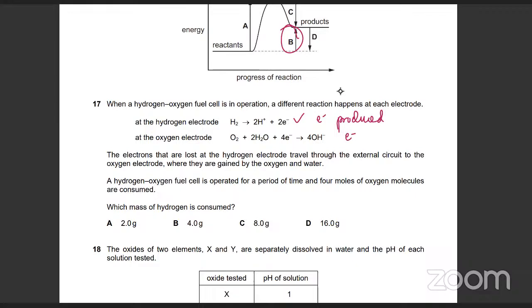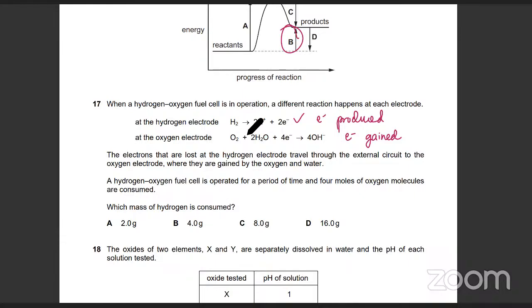And there's another one where electrons are gained. So electrons that are lost at the hydrogen electrode travel through the external circuit to the oxygen electrode where they're gained by the oxygen and water. A hydrogen oxygen fuel cell is operated for a period of time and 4 moles of oxygen are produced. What mass of hydrogen is consumed?